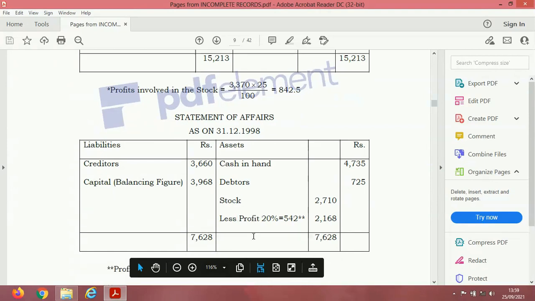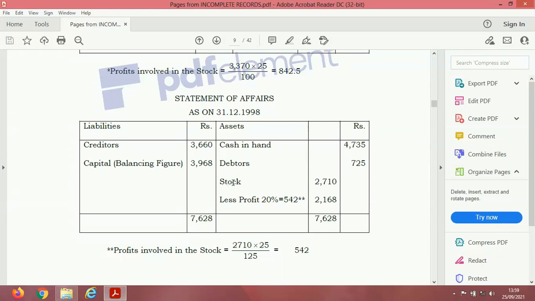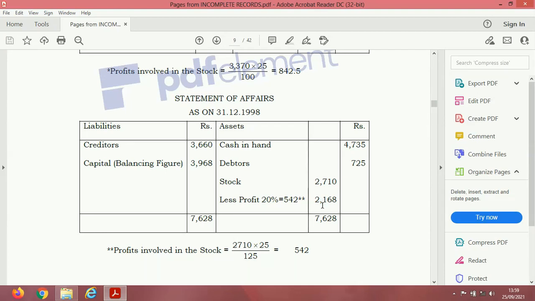Anyway, the reason why we calculate that we are using 1998, they're saying that stock is 2710, but it increased by 25%. There is this error. I want you to correct the error. Not 20% but 25%. So you get 25% of this and get the profit. Okay? On stock, not the overall.